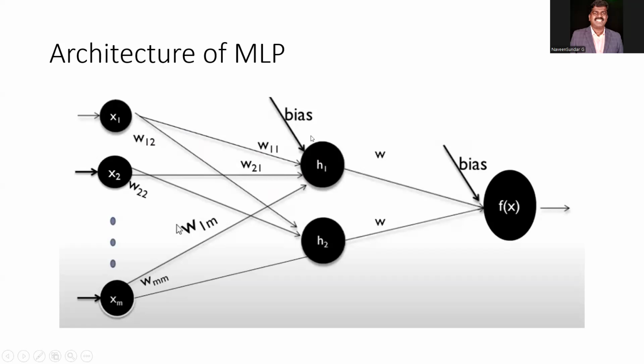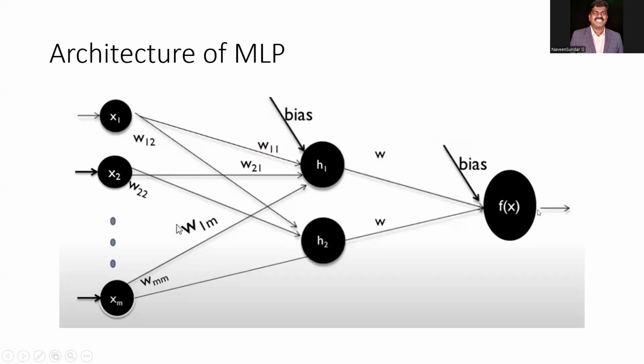This is the first hidden layer, and if we again add weights and then the bias, we get another hidden layer. Likewise it goes on, and finally you get the output layer.